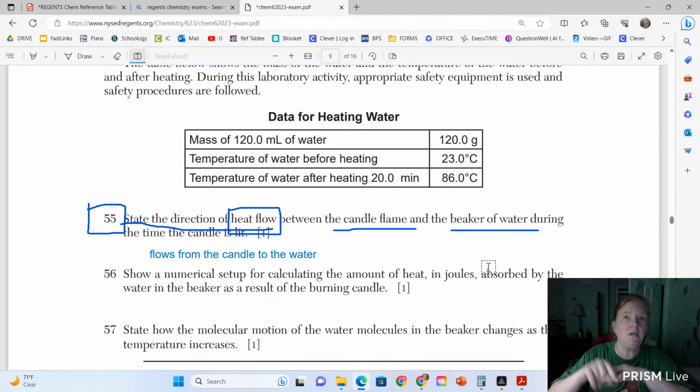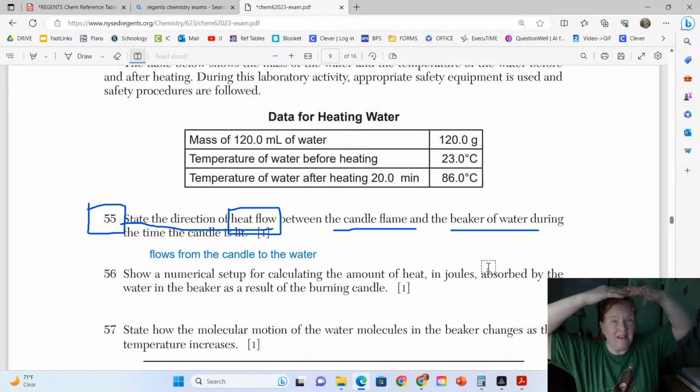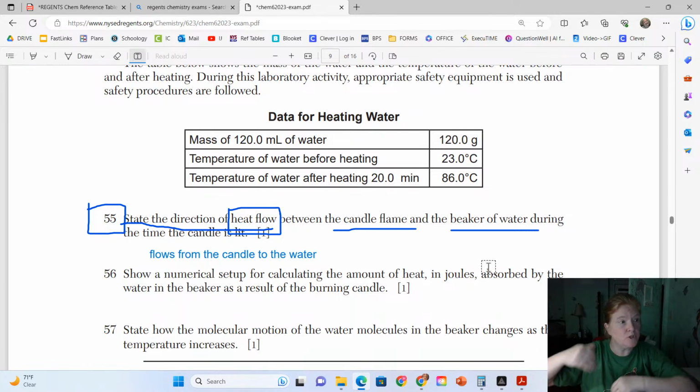No, always, because what I could do, I could put a heater directly above my head. And the heat would flow from the heater to me. So it would flow in a downward direction. So we never want to talk about heat rising because the rule is it moves from warmer to colder. So the warmer thing goes to the colder thing.